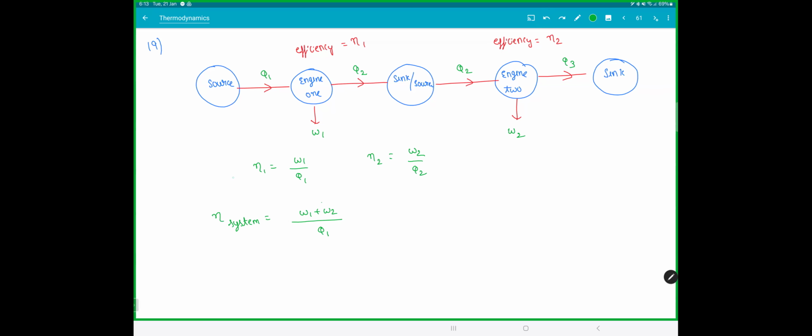Understood what I did? I put the efficiency for the first engine, second engine. This is for the full system. You just can't add eta 1 plus eta 2. The efficiency of the system is the total work done by the heat given. You gave Q1, and W1 plus W2 is the work done.